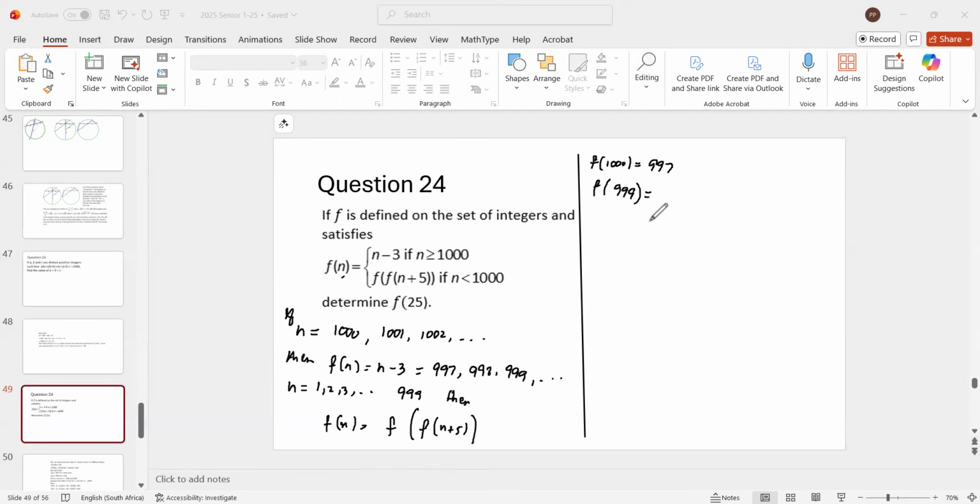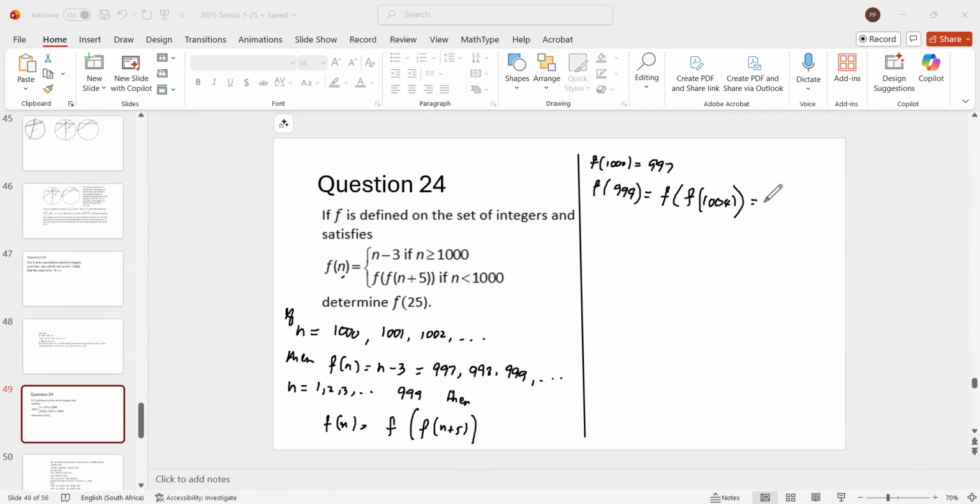And 999 is less than 1,000. I can't use that rule anymore. But this is f of double f of 999, the same 999 here that occurs here. You add 5 to it. So inside here you got f of 1004. But this one we can calculate because this is more than 1,000.